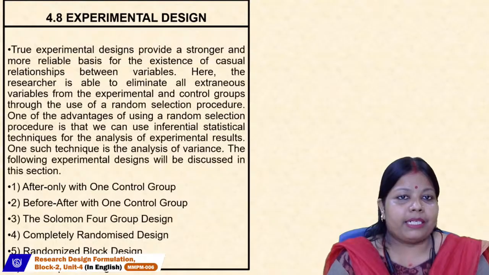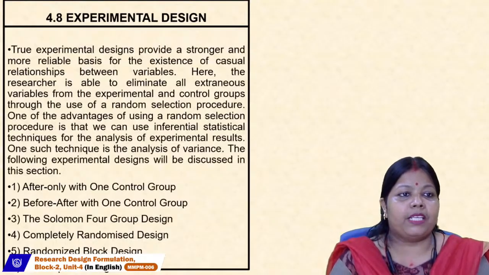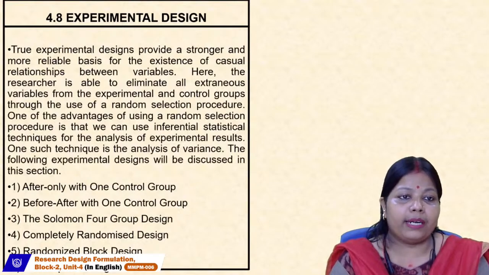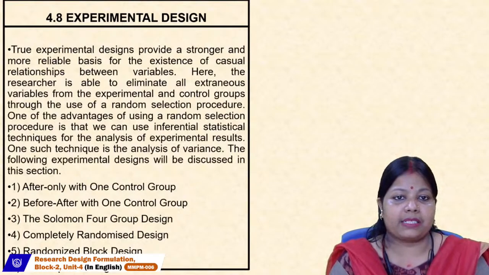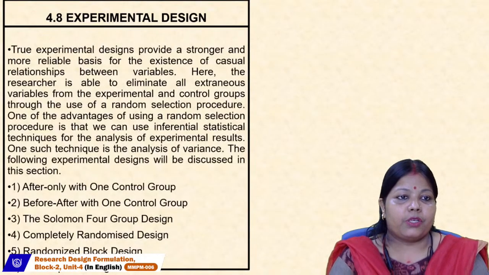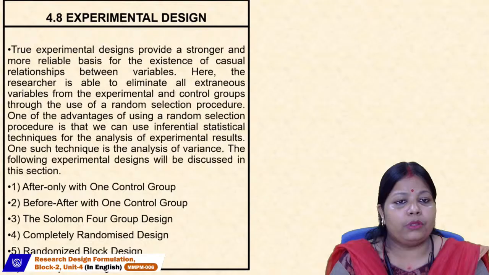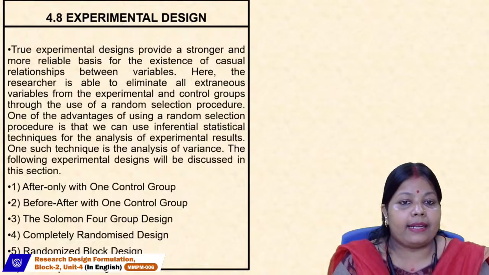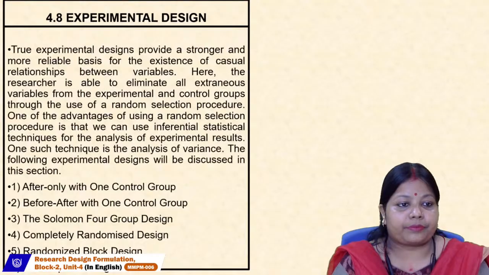Coming to the experimental design, the experimental designs provide a stronger and more reliable basis of the existence of causal relationship between variables. Here the researcher is able to eliminate all extraneous variables from the experimental and control groups through the use of the random selection procedure.